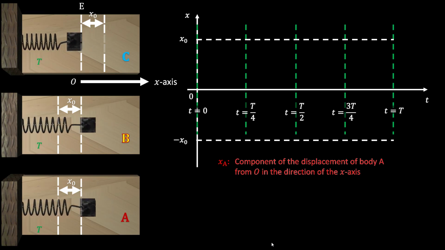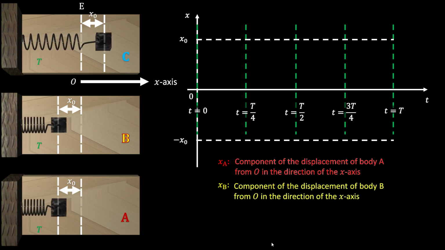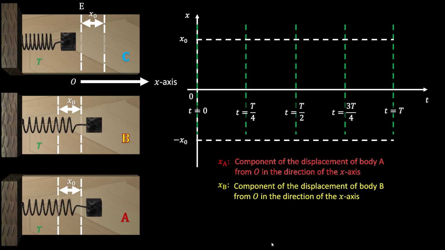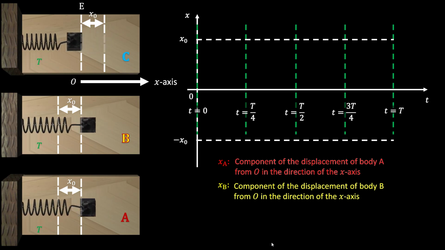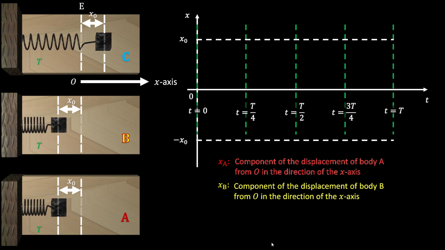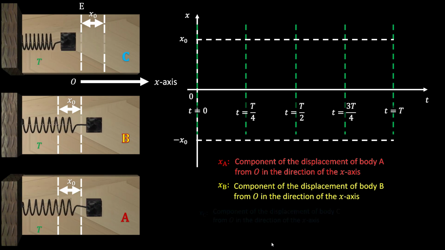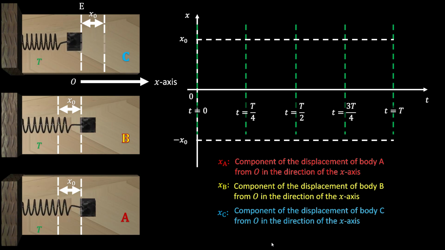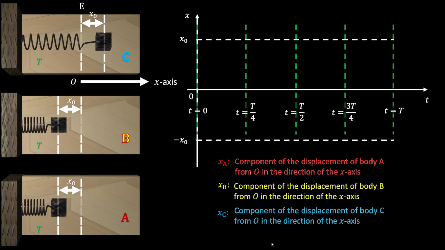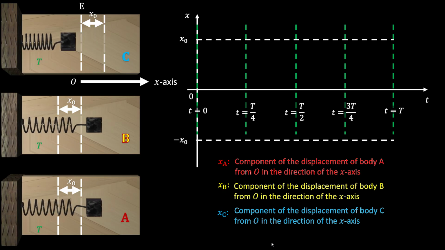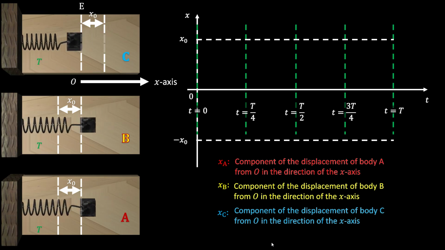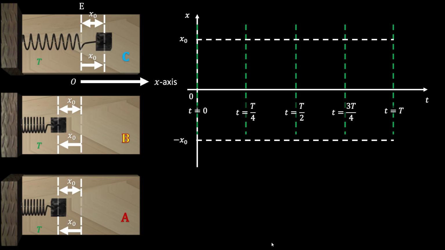Similarly, we are going to denote x subscript B as a component of the displacement of body B from O in the direction of the x-axis. And finally, x subscript C is a component of the displacement of body C from O in the direction of the x-axis. At t equals 0, we have xA equals minus x naught, xB equals minus x naught, and xC equals plus x naught.